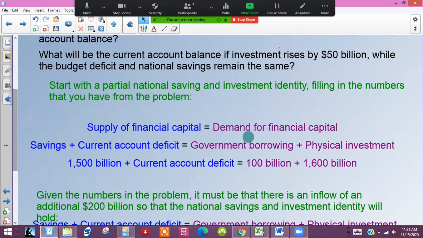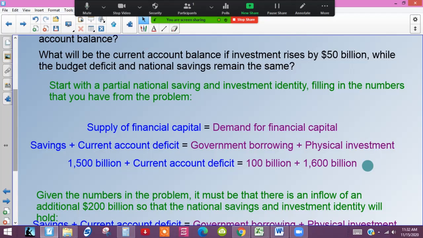It has a demand for enough money to make up for the deficit. And then the physical investment money is also demanded, because we're assuming that in order for the US to invest 1,600 billion in capital, it's going to borrow that money, right? And just really quickly, to make it very simple, the key here is that the money is borrowed at a lower interest rate than the return on whatever the capital investment is, right? So they actually come out ahead.